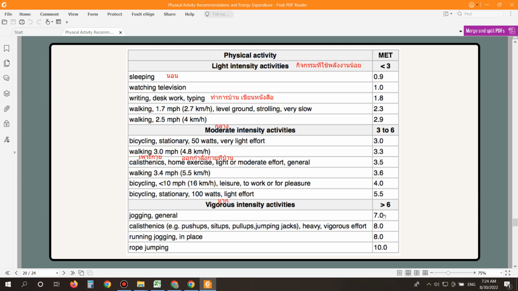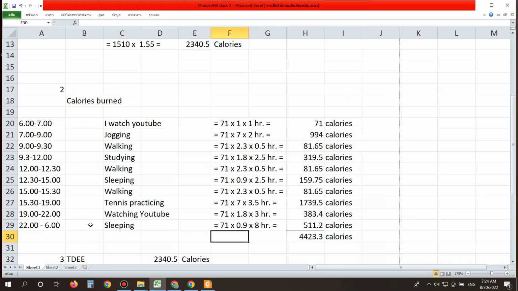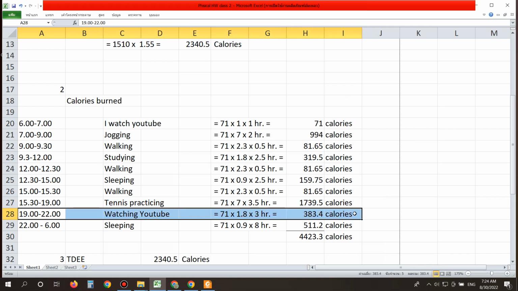You have to decide that your activity should be equal to this one. In my opinion, my sport is only 7, not too high intensity. After that, I go back to my home and I watch YouTube for 3 hours.